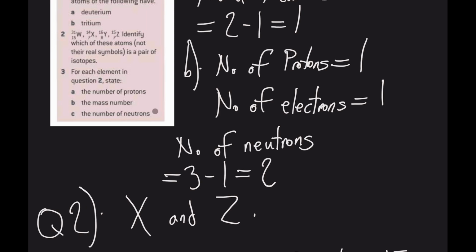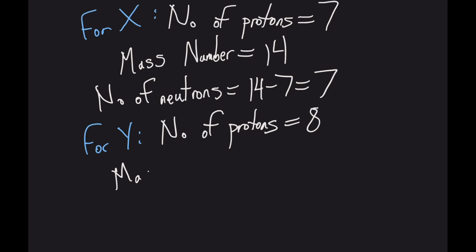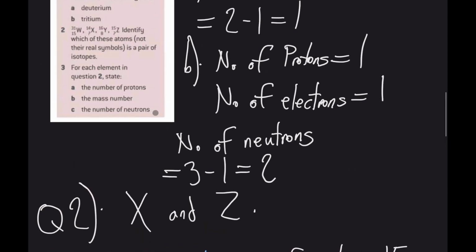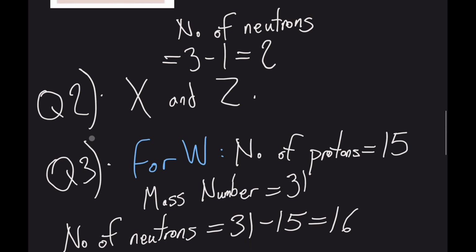And now for Y, the number of protons can be read from here. 8 is the atomic number, so the number of protons for Y is equal to 8. The mass number of Y can be read from this top number here, the A equivalent as we mentioned before, and so the mass number is 16.